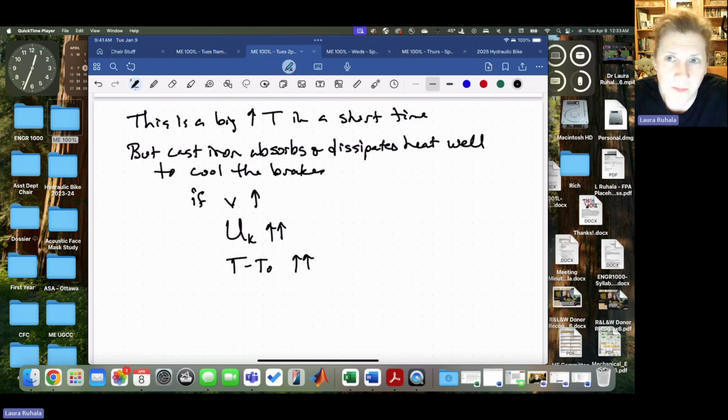If we went from 65 miles an hour to 85 miles an hour, it's only a 20 mile per hour increase, but that's squared for both the kinetic energy and the heat and the subsequent temperature rise.